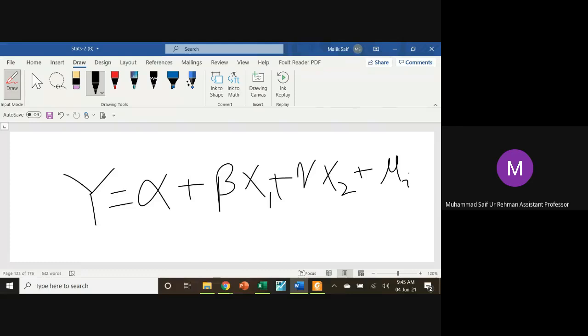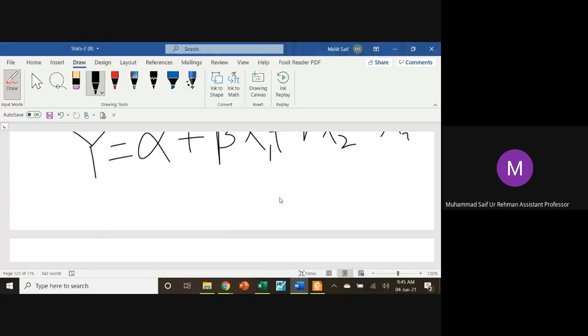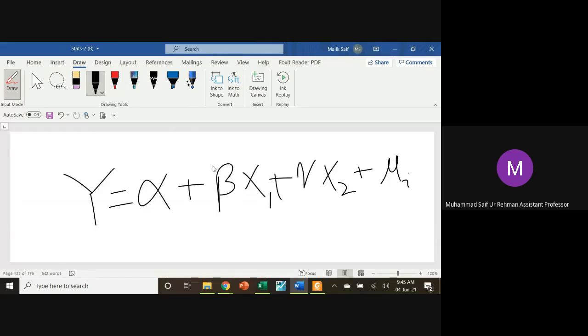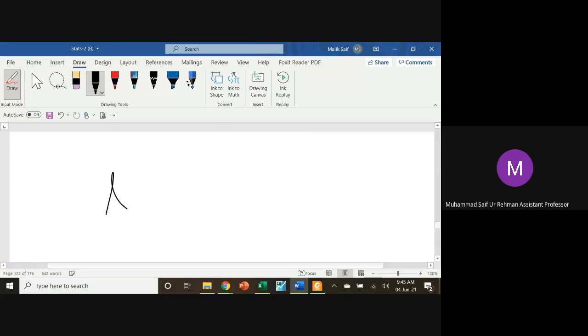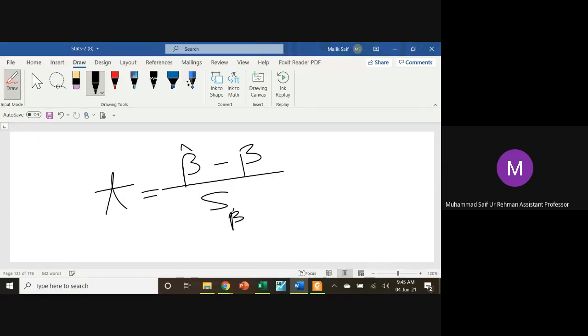So there, see, there is no hat on any variable. So in this case, let's say you are interested in finding out, you want to confirm whether for the slope parameter beta there is some value or not. So beta hat minus beta will be there. So beta hat for the sample, and here you will write down beta hat.